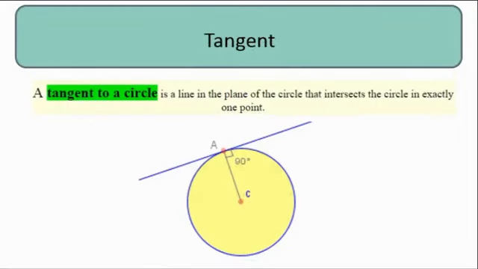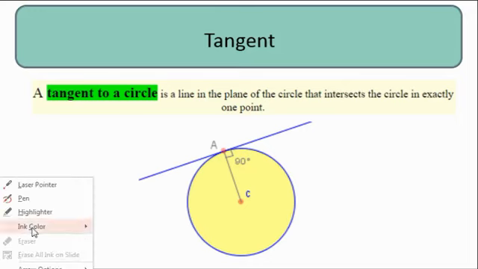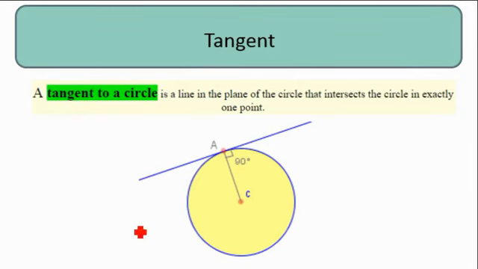A tangent to a circle is a line in the plane of the circle that intersects the circle in exactly one point. So usually you have lines that go through the circle. They would intersect at 2 points. However, a tangent only intersects at exactly 1 point of the circle.